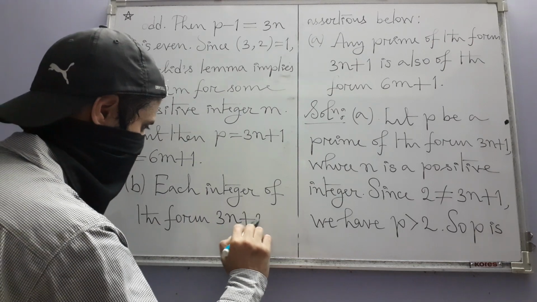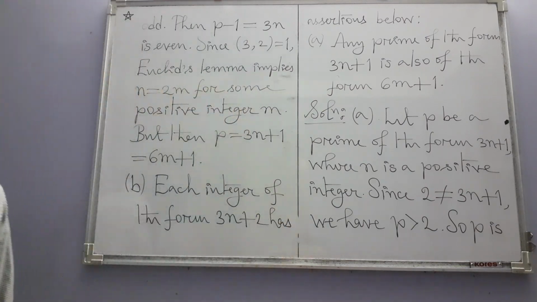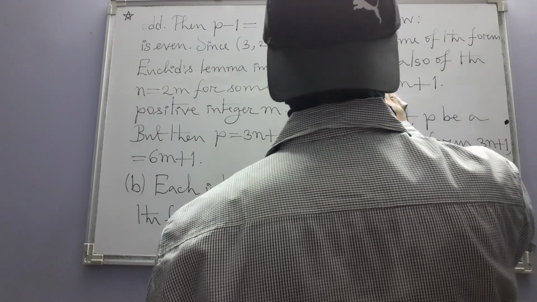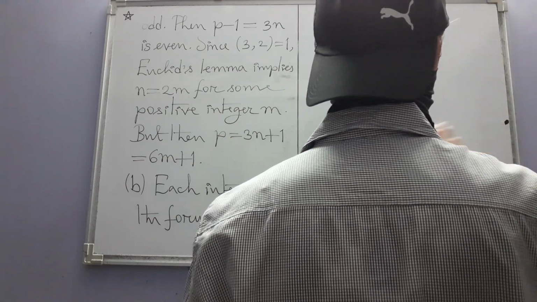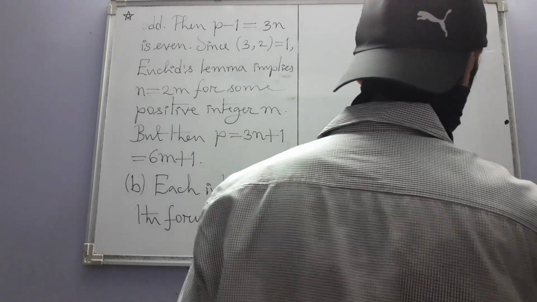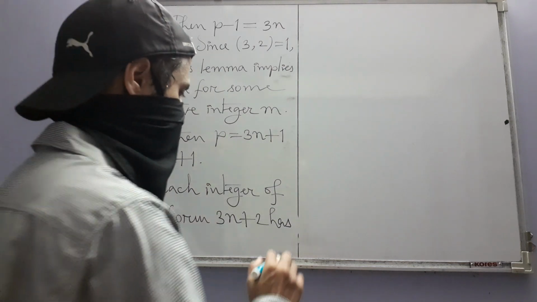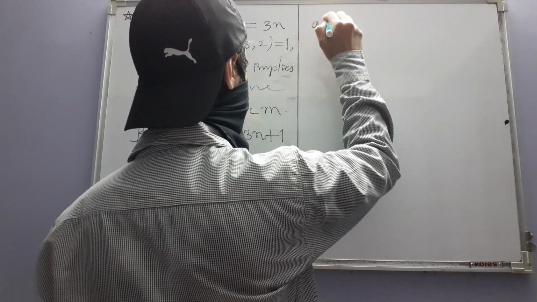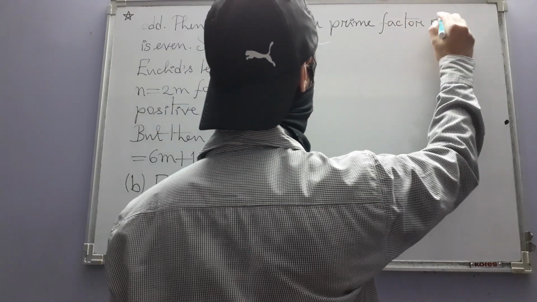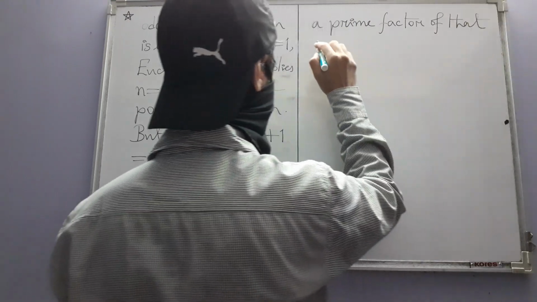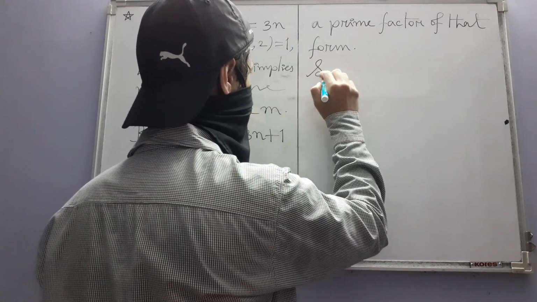Each integer of the form 3n plus 2 has a prime factor of that form. Solution.